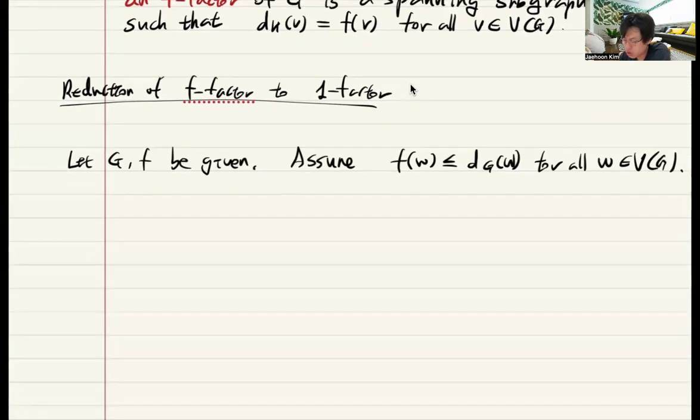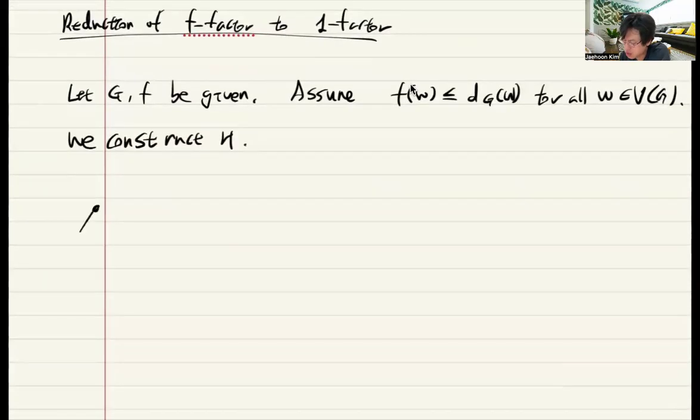Then what do we do? We construct H. Let's say we have a G here. Then our f is, say, 2, 1, 2, 1.